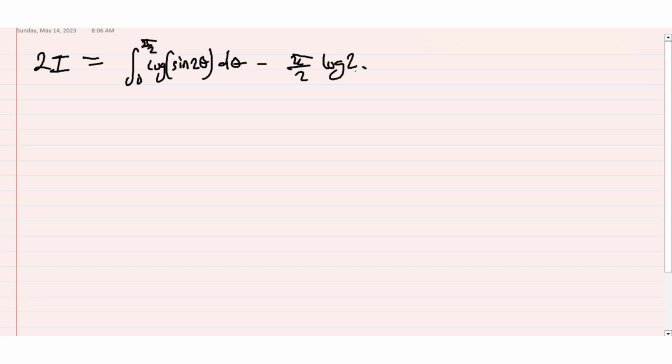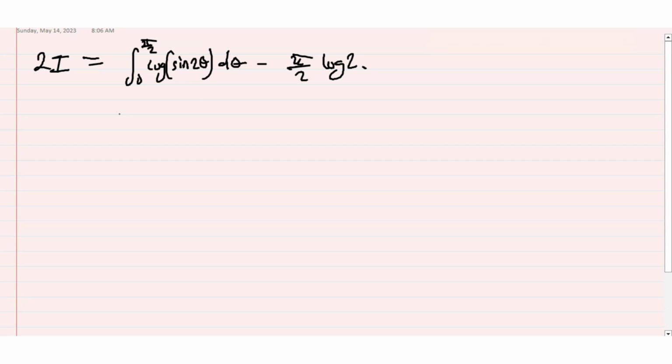So we have arrived at 2I is equal to the integral from 0 to pi over 2 of the logarithm of sine of 2 theta d theta minus pi over 2 logarithm of 2. Now, how do we evaluate this?